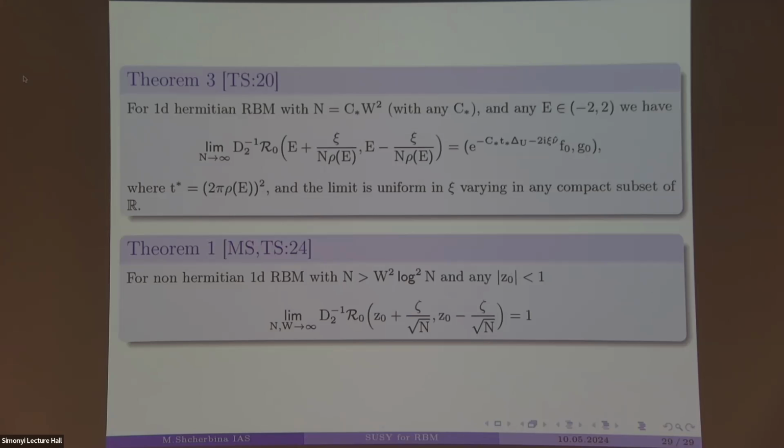Then you consider the regime when n and W both tend to infinity. What is one-dimensional about this? One-dimensional means that it's easy to draw your matrix in the 1D situation, it's just n by n.